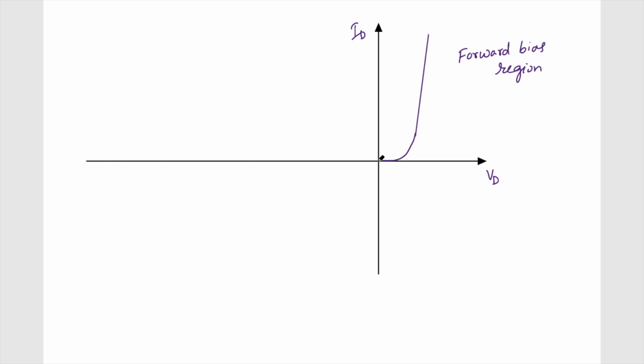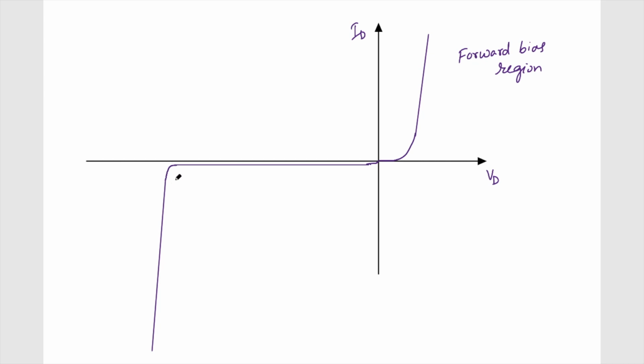And if you remember, in the reverse bias region there is this current IS, and if you make this VD very, very negative, then at some point of time it is going to break down.